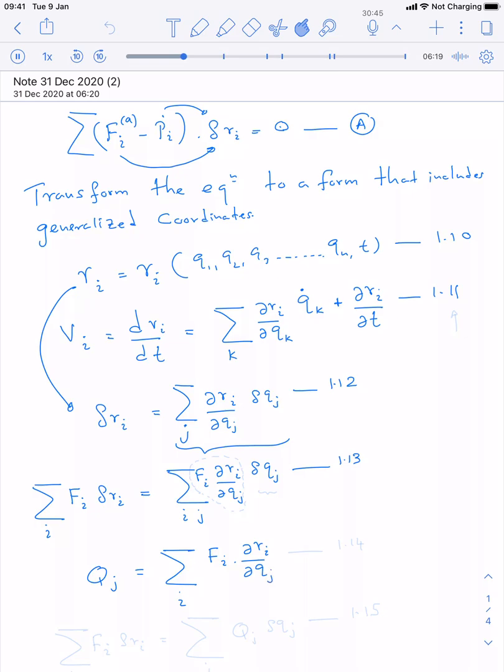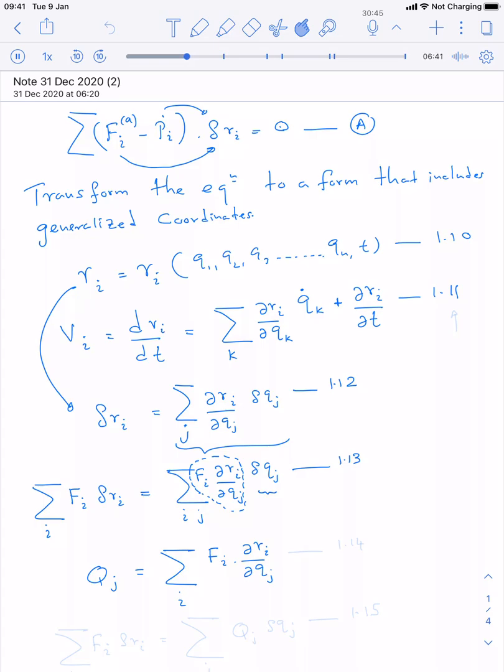So this is when the coordinates are converted to generalized coordinates. You have this delta Qj term here, and this term right here basically represents the generalized force. So instead of force, now we have the generalized force.